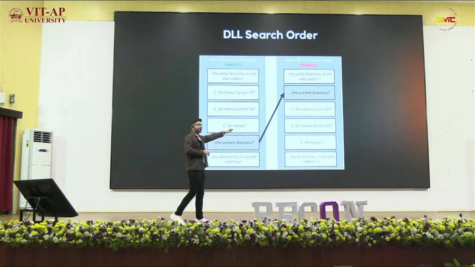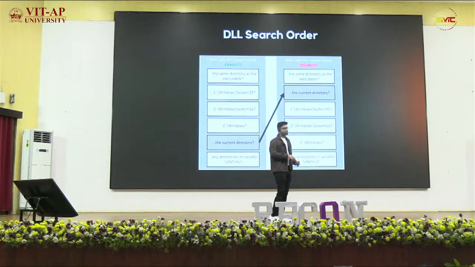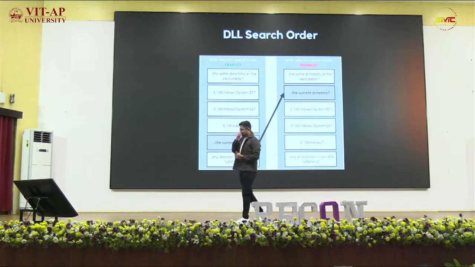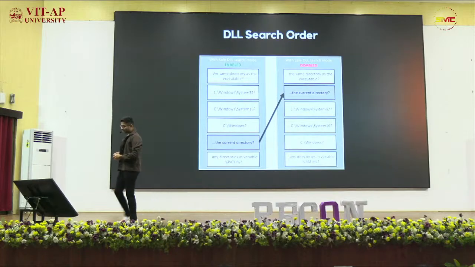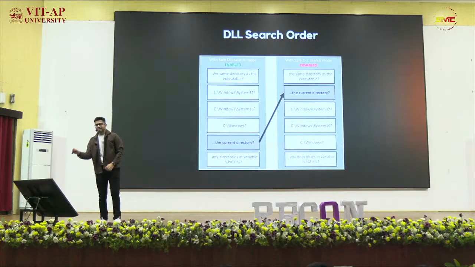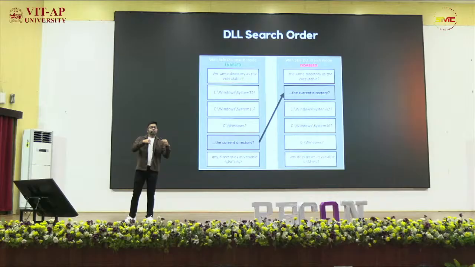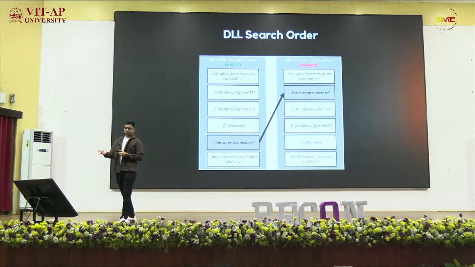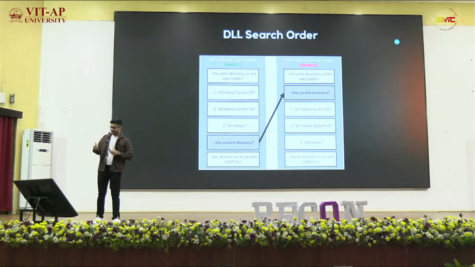But without safe search, the current directory comes before system32. The current directory can be writable even by a low-privileged user. So if it doesn't find the DLL in the application directory, it will go to your current directory. If you have the DLL in the current directory, it will load from there, not from system32. So it creates a mishap.